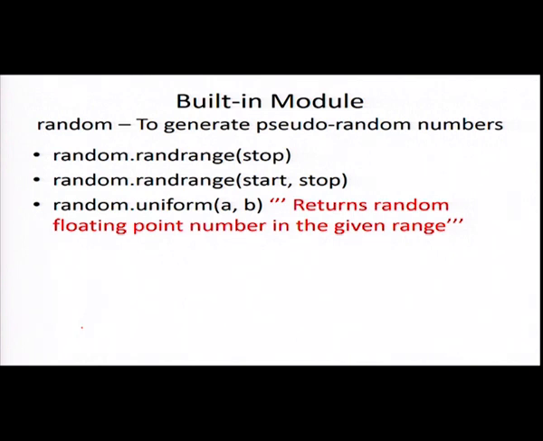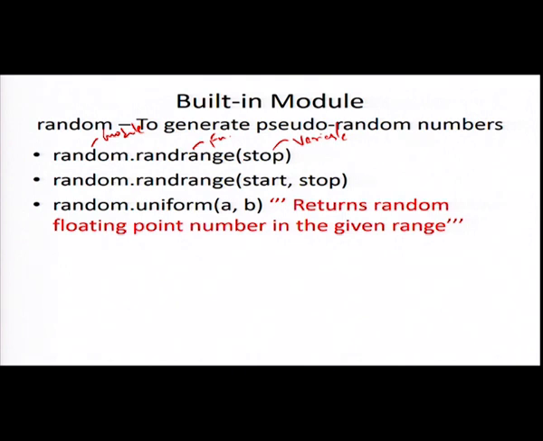Random dot randrange of stop: random is the module name, randrange is the built-in function name, and stop is a variable name. Stop is the number till which I need to take the random number. We will see examples with respect to this.